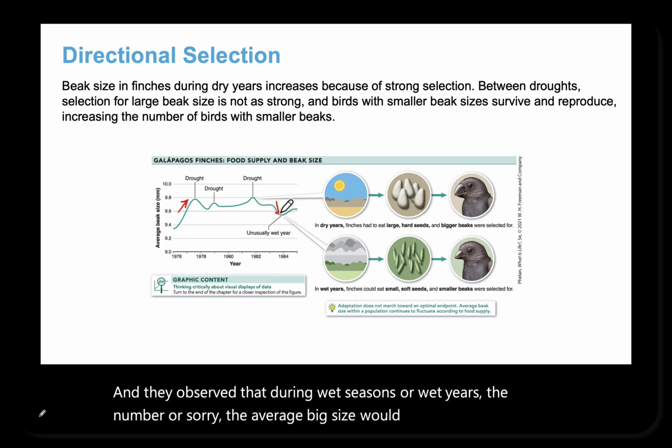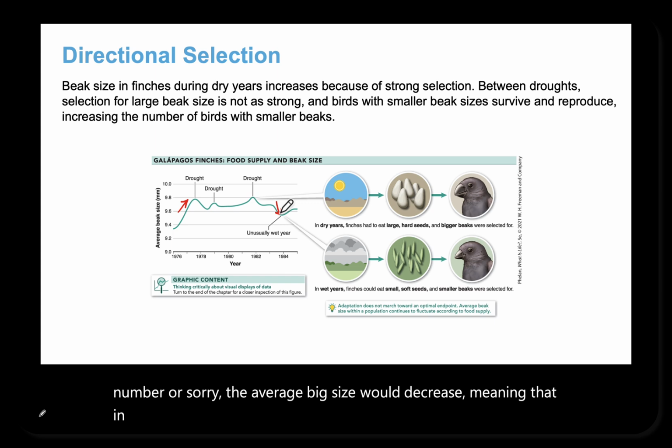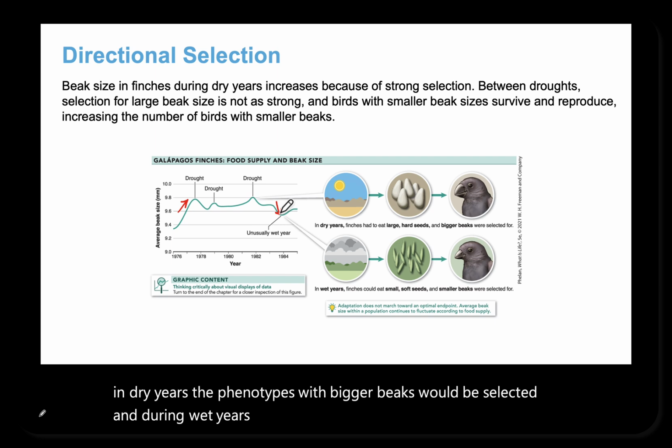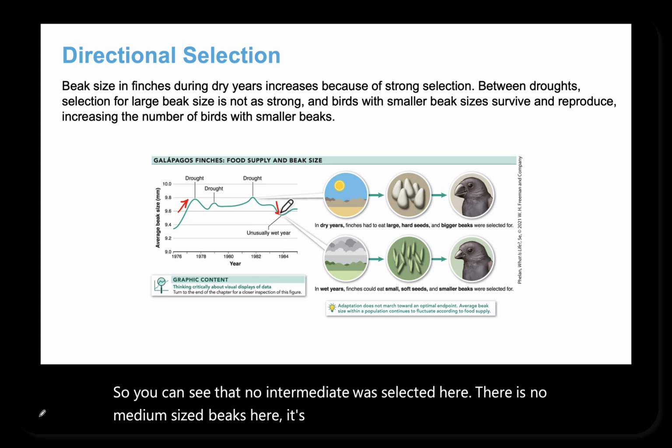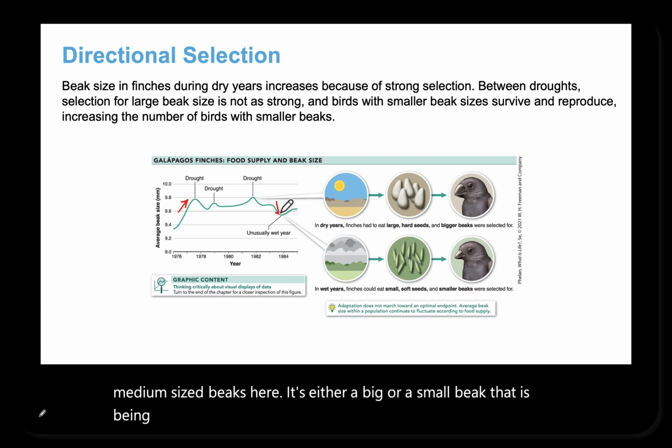Meaning that in dry years, the phenotypes with bigger beaks would be selected, and during wet years, the phenotypes with smaller beaks would be selected. So you can see that no intermediate was selected here. There are no medium-sized beaks here. It's either a big or a small beak that is being selected according to the changes in the environment.